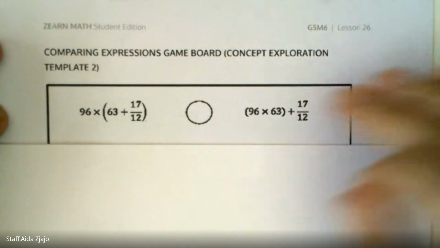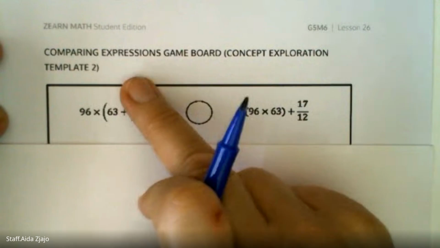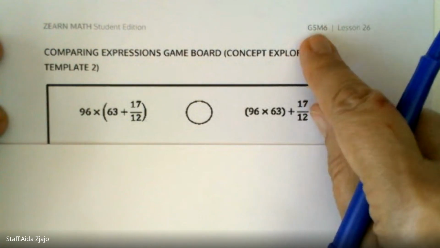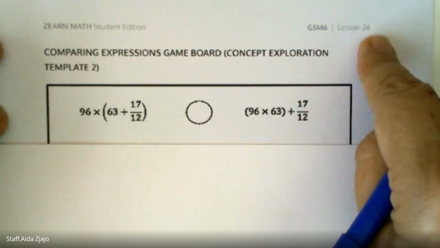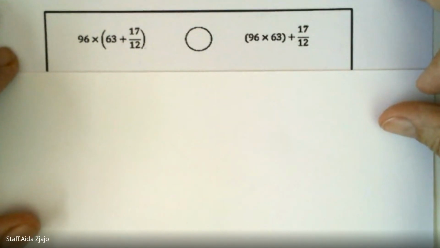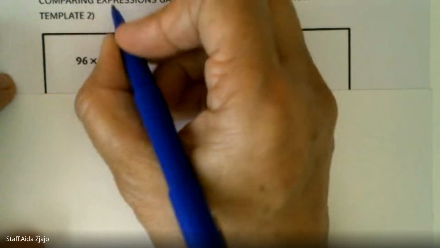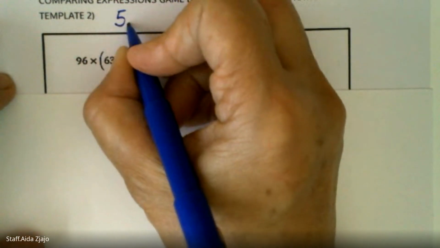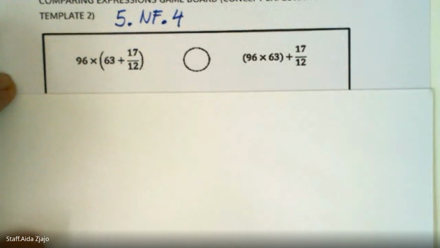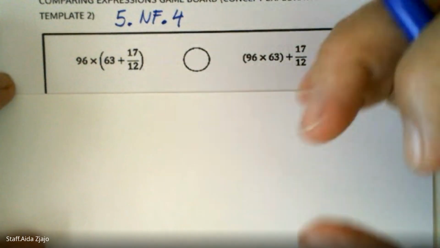Today we're talking about comparing expressions, game board concept exploration template 2. It's grade 5, mission 6, lesson 26. This is all about fractions, for fifth grade 5.NF.4, where we interpret multiplication as scaling or resizing.